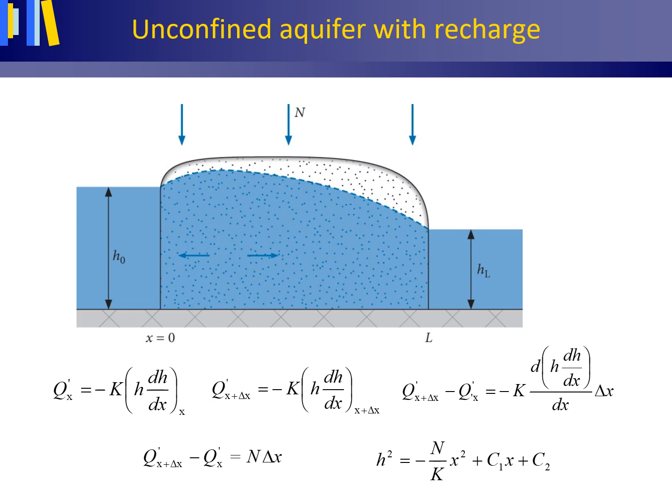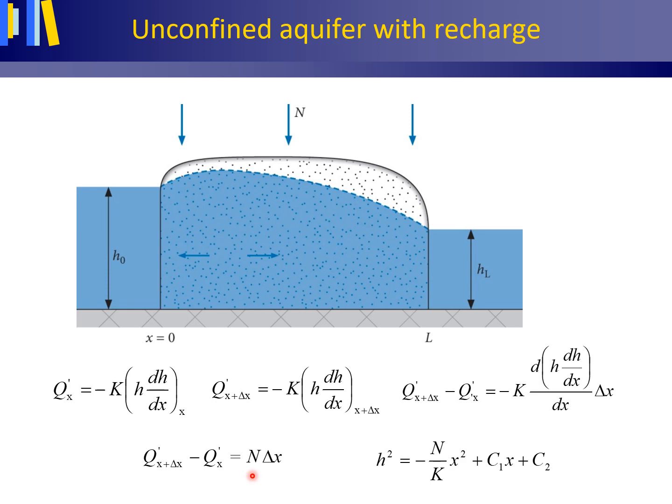Note that also here we are dealing with an unconfined aquifer. h and dh/dx are taken together as one term. N is again the recharge rate or precipitation surplus in meter per day.